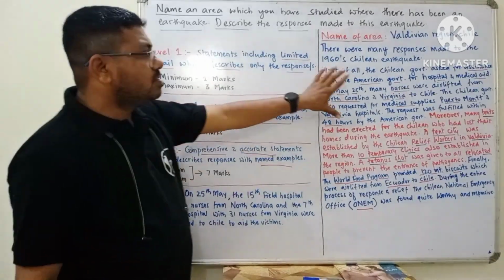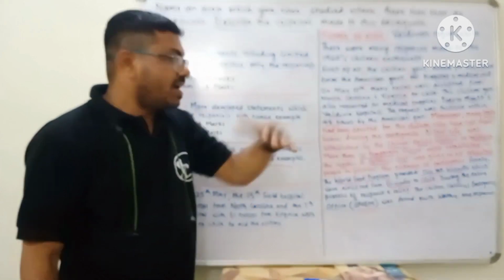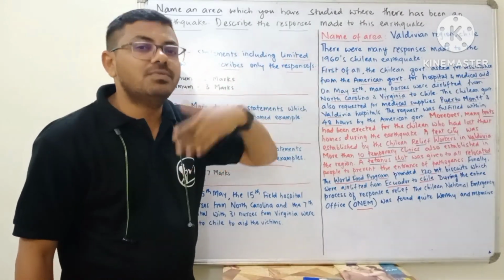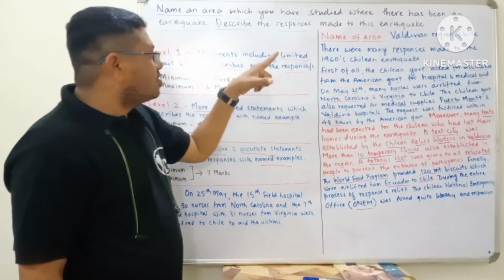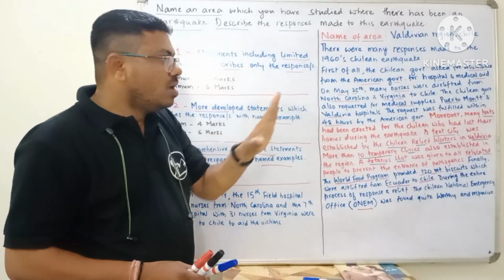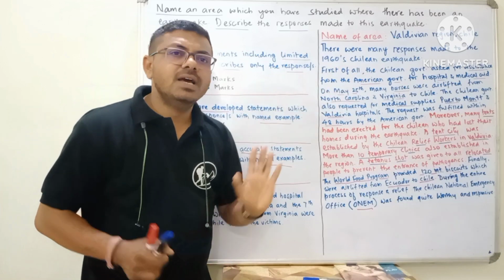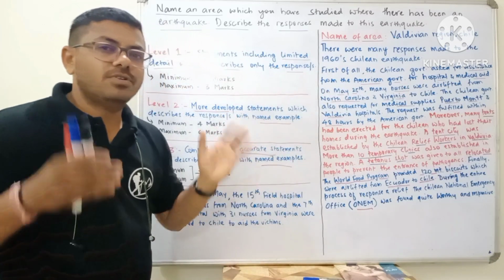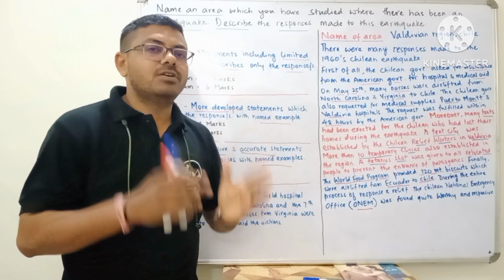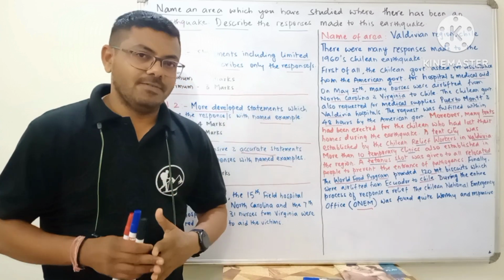This is beyond level 1, because the detail is not limited and it is not only the response. It could be written simply as: the Chilean government asked for medical assistance from the government of the USA.